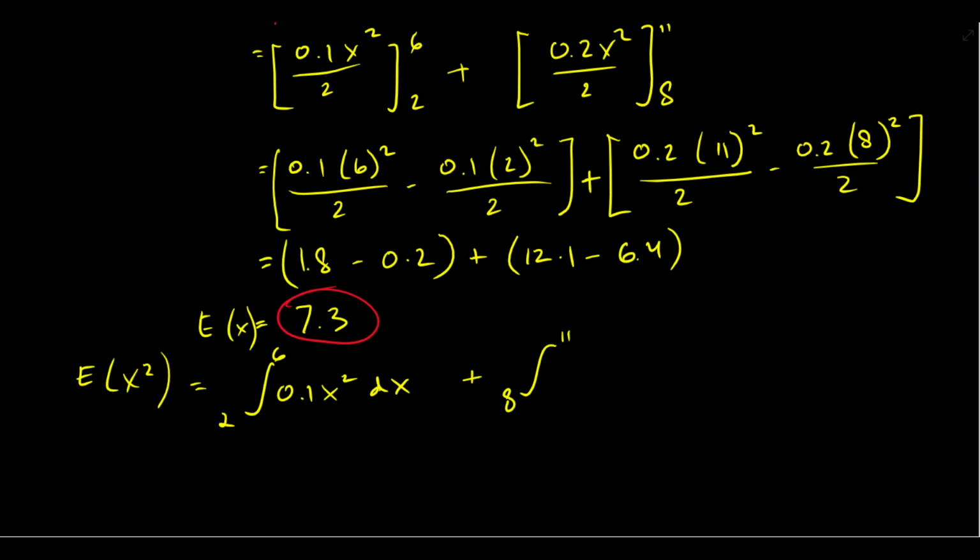For that range, this will become 0.2 times x square, 0.2 x square dx.